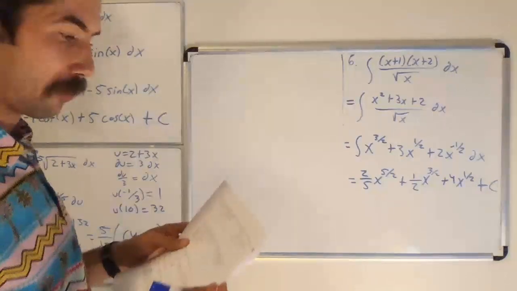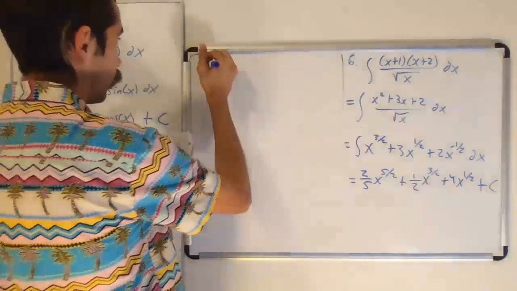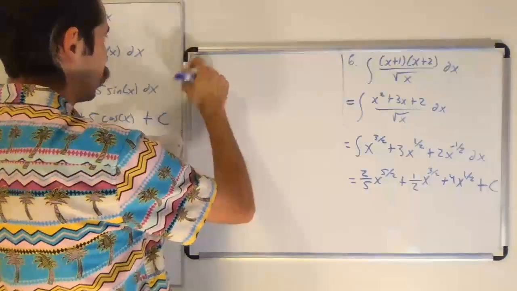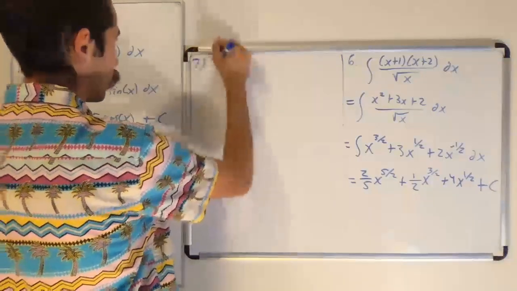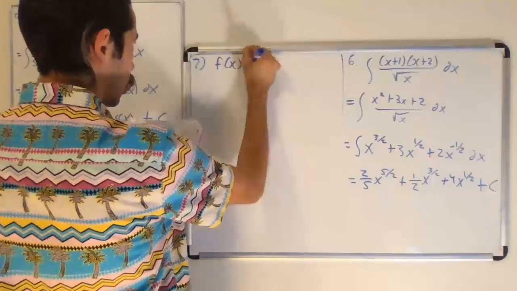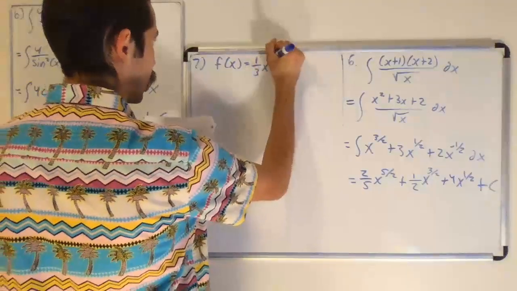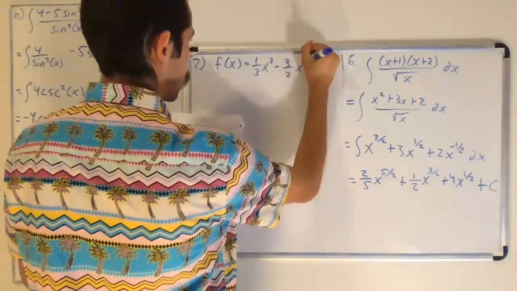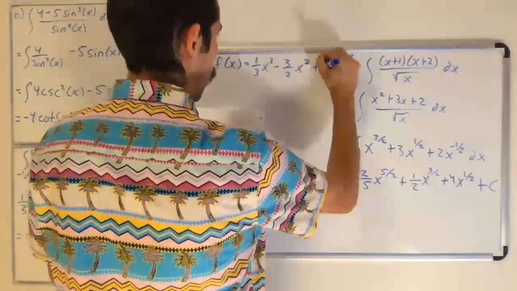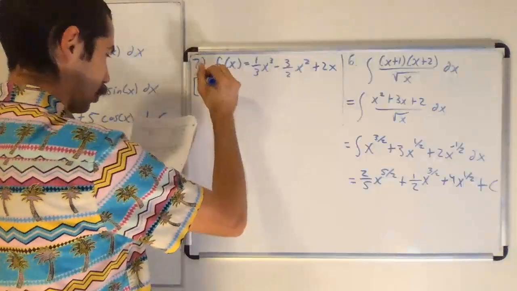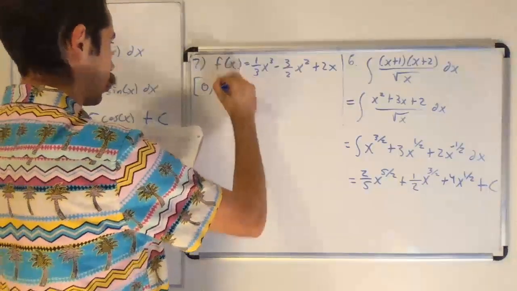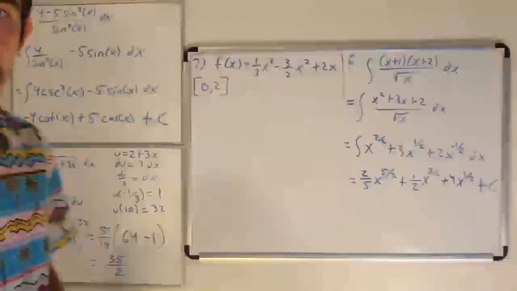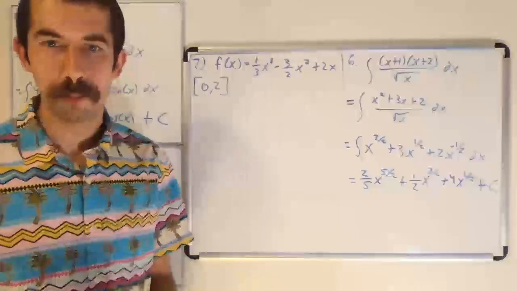Find the extreme values of f of x, so this is number 7, equals 1/3 x cubed minus 3/2 x squared plus 2x, and the interval is 0 to 2. Okay, so how do we find the extreme values of a function?